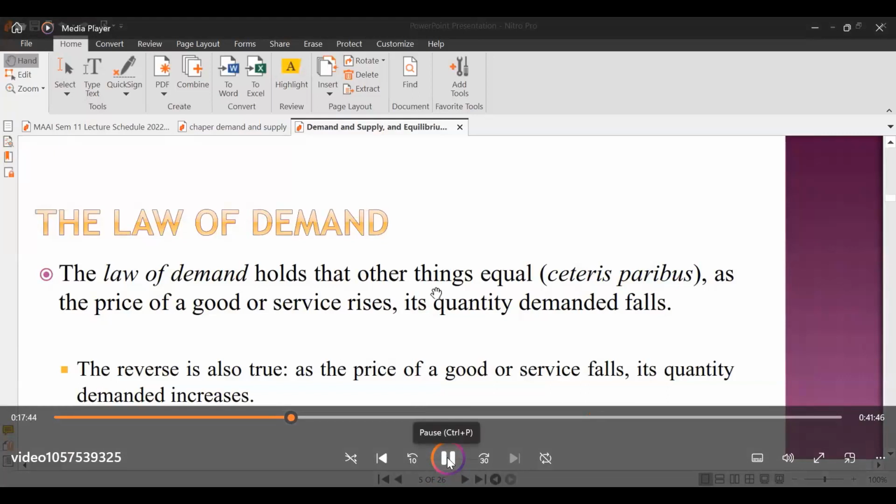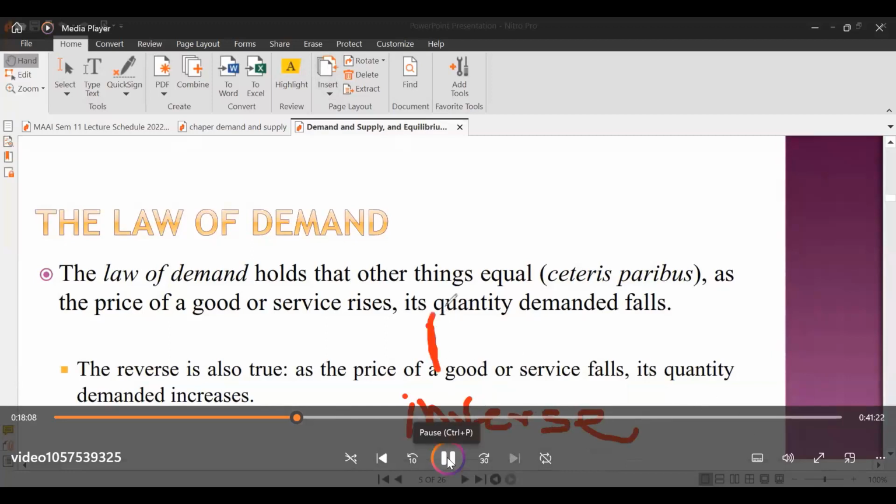Here the law of demand presents an inverse relationship between price and quantity.